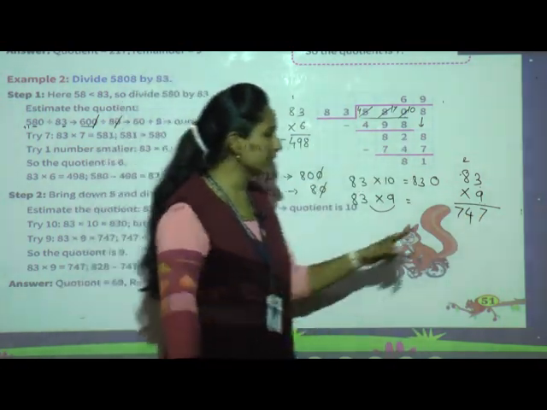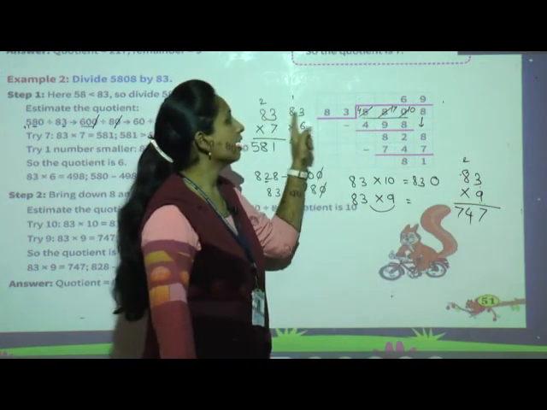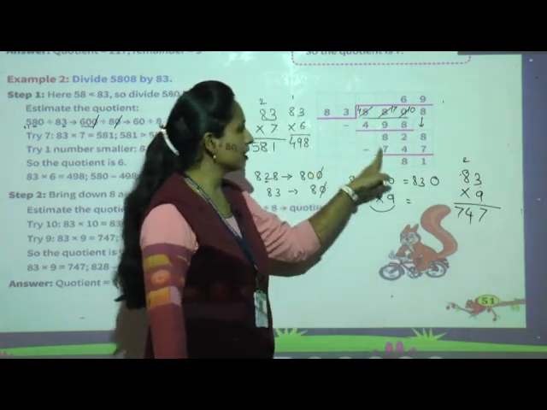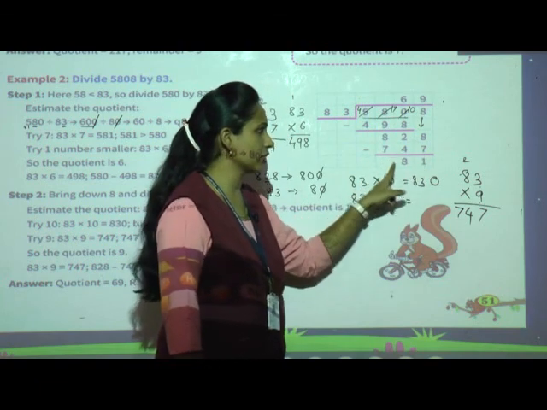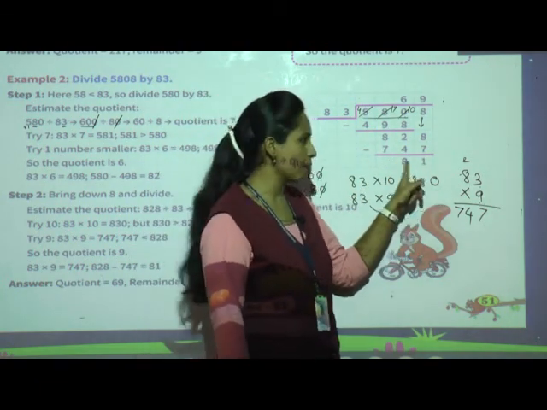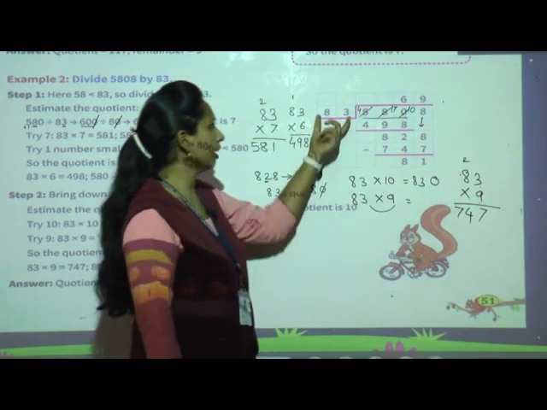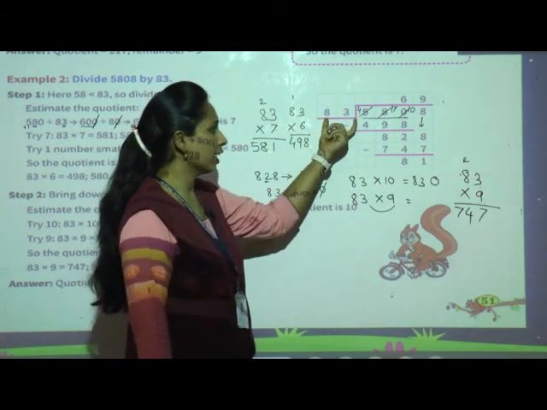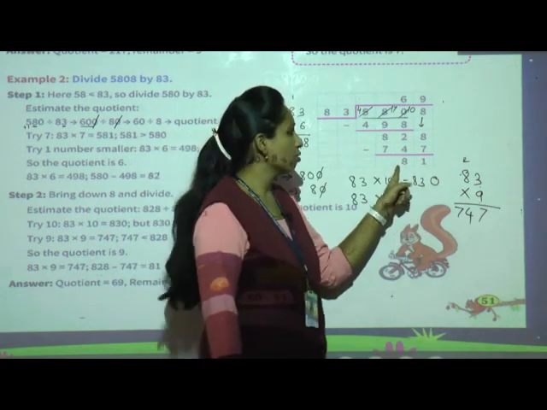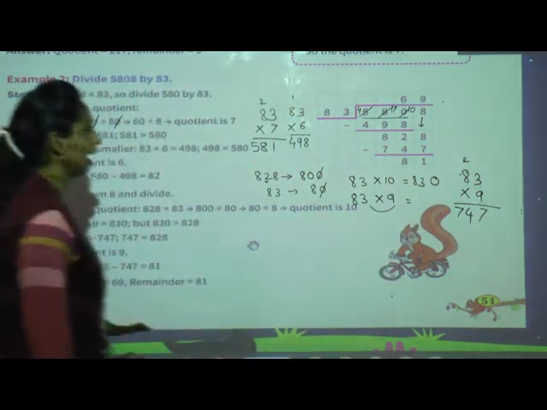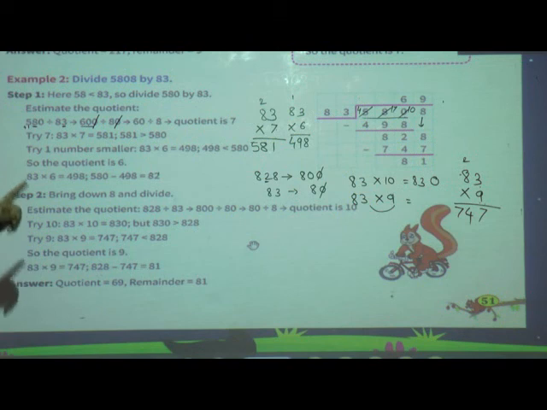How many times 83? 9 times. 9 times 83 means 747, right? And do the subtraction. What will remain? 81. Here why are we stopping? Because 83 will not go into 81. So 81 is the remainder. And what is the quotient? 69. Got it? Understood? Clear?